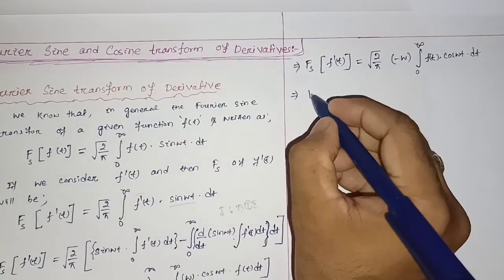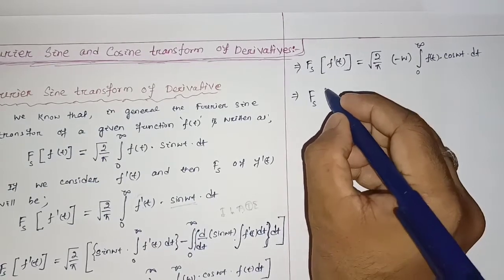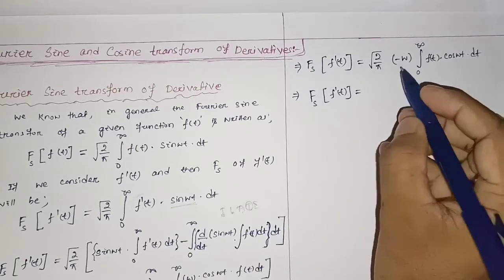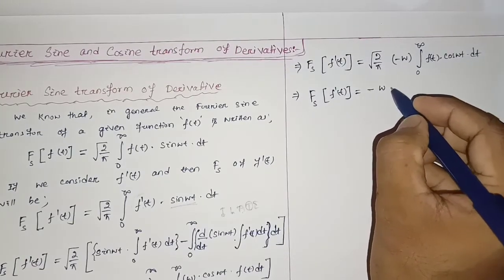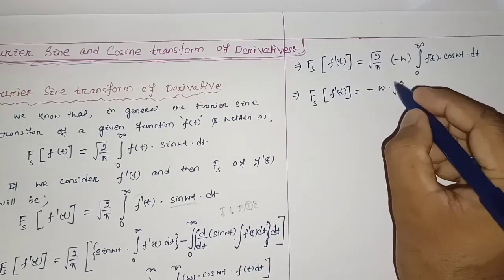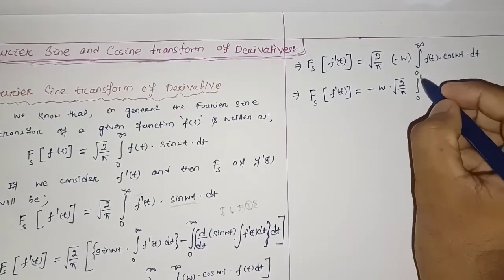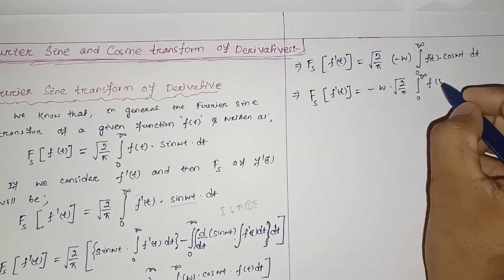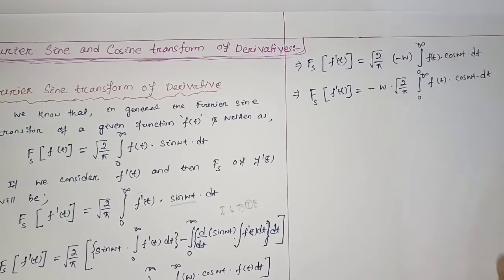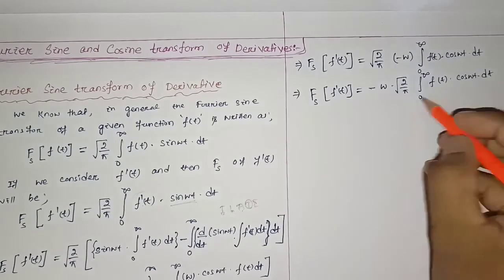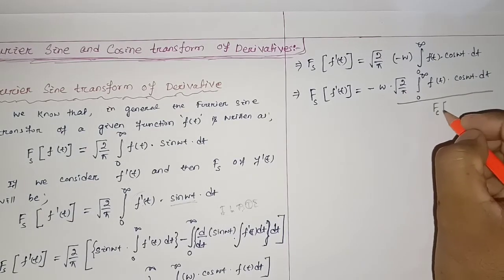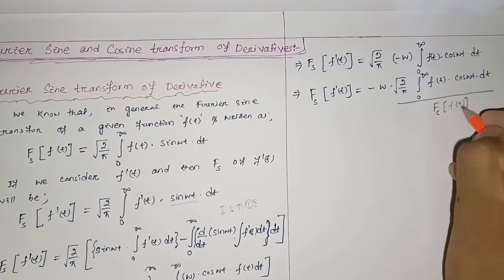That implies the Fourier sine transform of the first derivative of a function f(t) will be equal to, here you can see, minus omega into root over 2 by pi, integration from 0 to infinity of f(t) cos omega t dt. This is nothing but the Fourier cosine transform applied over the function f(t), right?